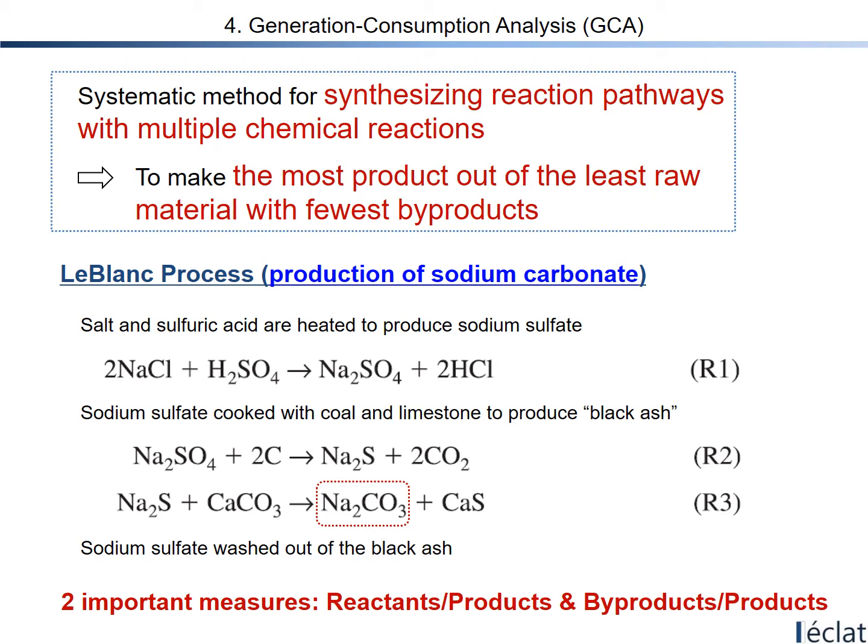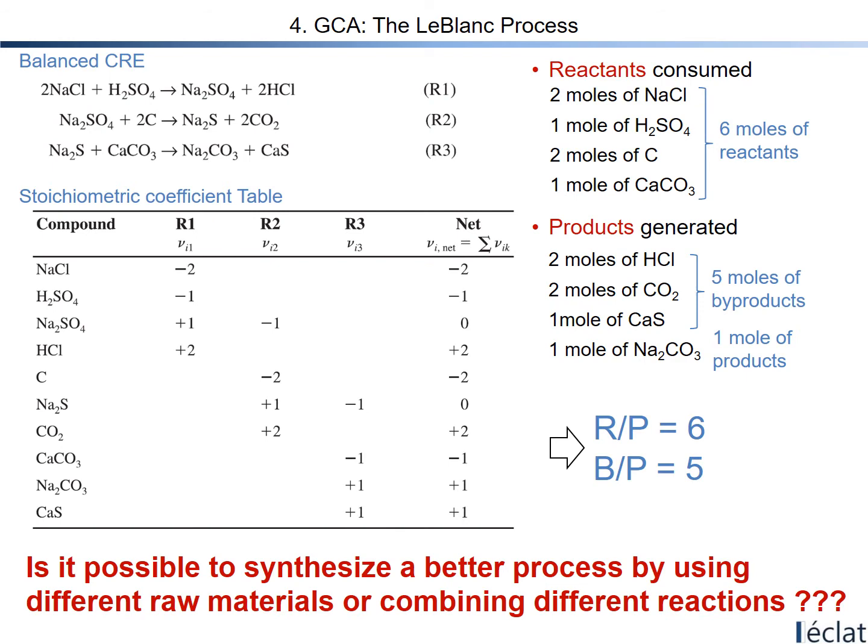So let's do the generation consumption analysis. From the stoichiometric coefficient, we could expect how well my chemical process is working or not. So here is again the balanced chemical reaction equations, three equations, and then let's make the stoichiometric coefficient table.